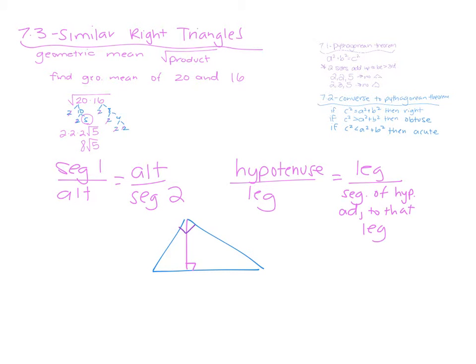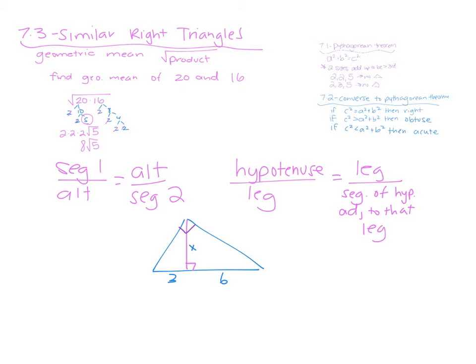So one of the quizzes had x, and it had 3, and it had 6. If I'm solving for x, my first question is, what is the segment called that x is? The altitude. So if there's something there that I'm looking for or have to use, then obviously I'm going to use that first one.